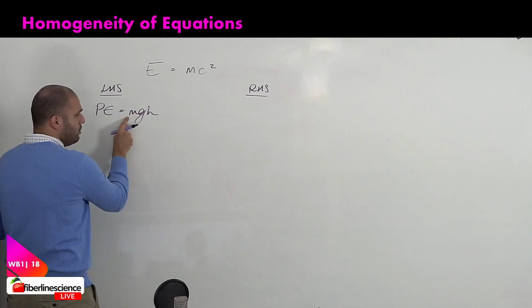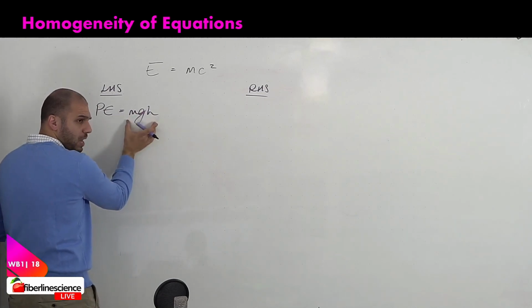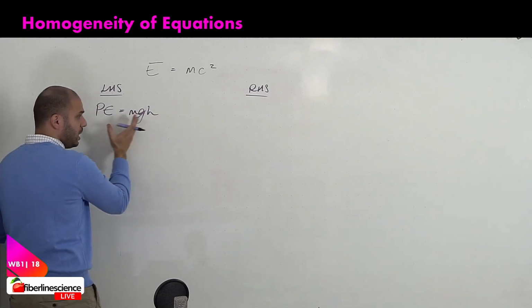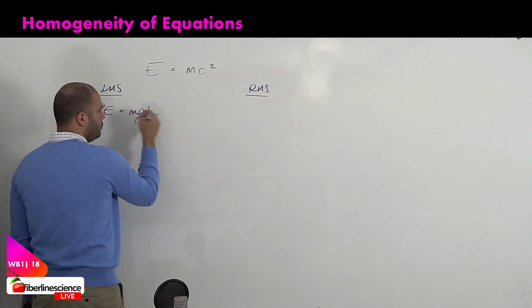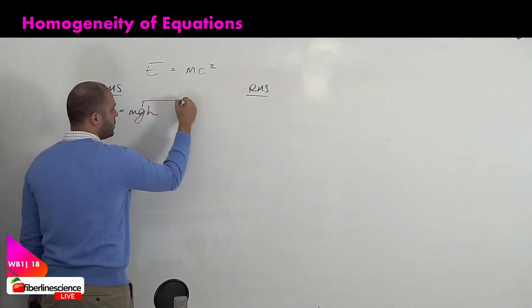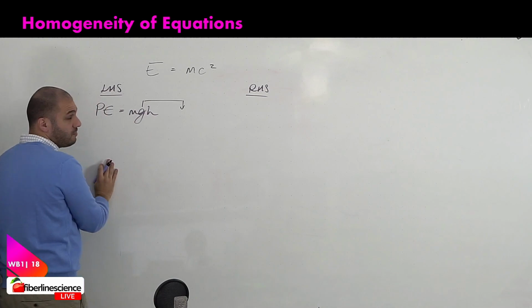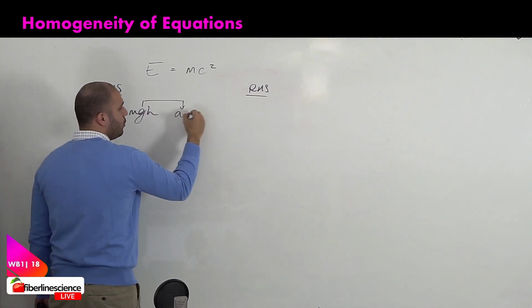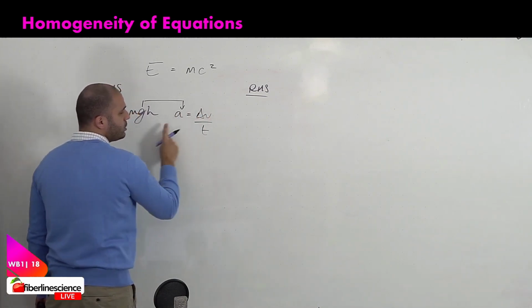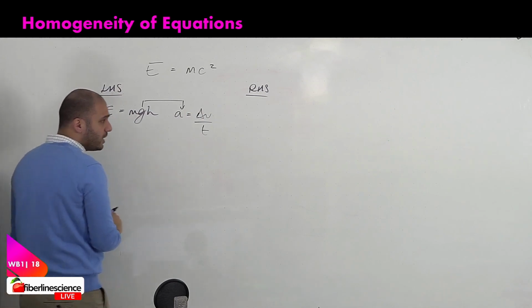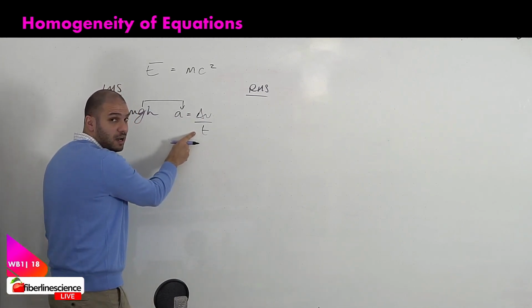So mgh: mass and height are both base quantities. Mass and length are two of those seven base quantities. Acceleration due to gravity is what we need to open up, because it is derived, so I choose another equation for it: velocity and time.